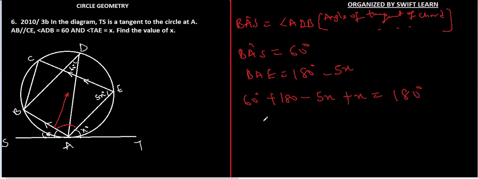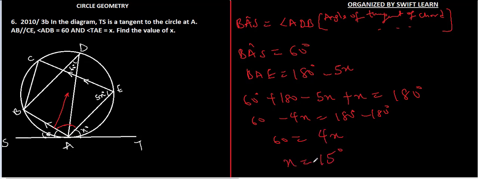Are you with me now? So we can say minus 5x plus x is minus 4x. I'm bringing this 180 here, that's 180 degrees minus 180, that's 0, right? So 60 equals 4x. Your x will be 15 degrees.